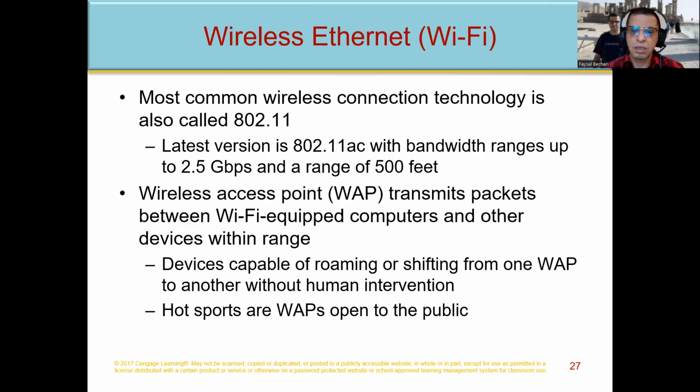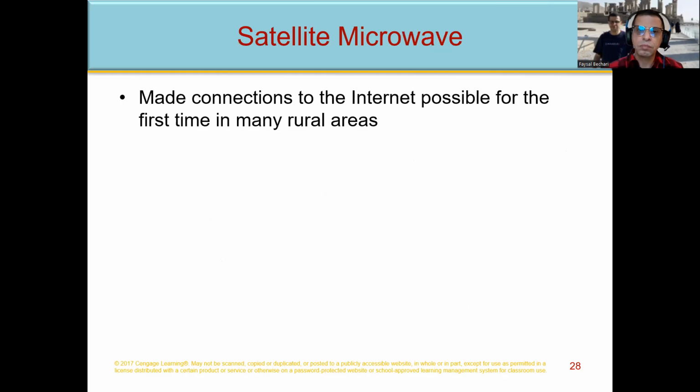The device is capable of roaming and shifting from one WAP to another WAP, because if you don't have that shift, and this is also applicable to the telephone towers, then you get cut off. And there's always a hotspot or WAP open to the public, so you can move from one WAP to another smoothly. And then we have what you call satellite microwave.